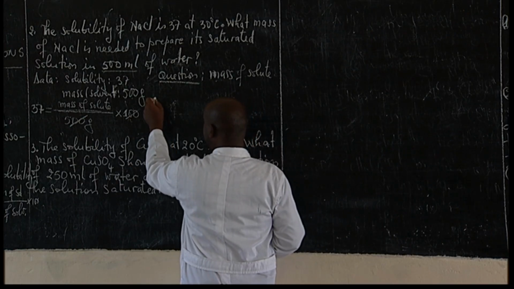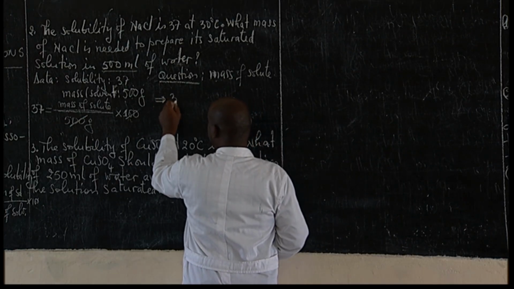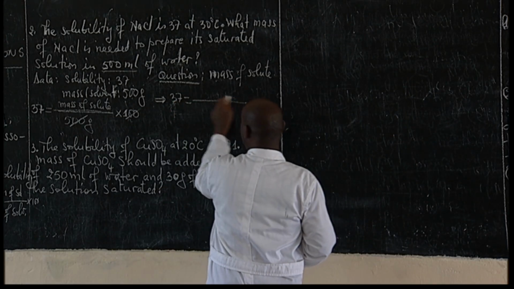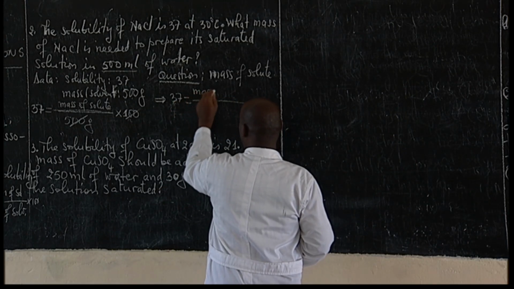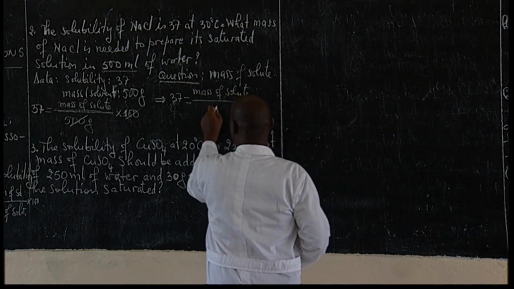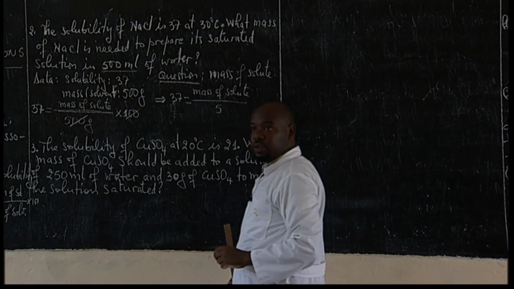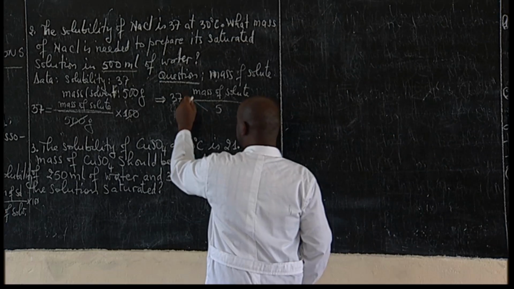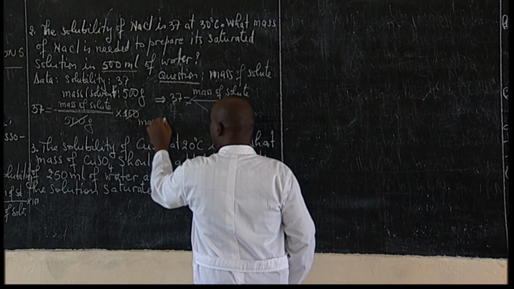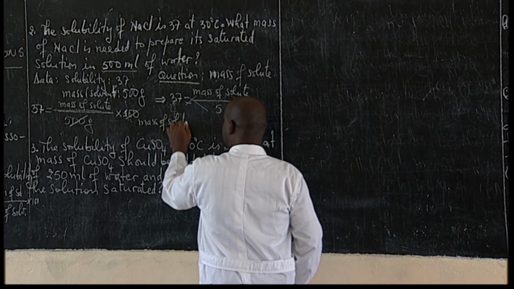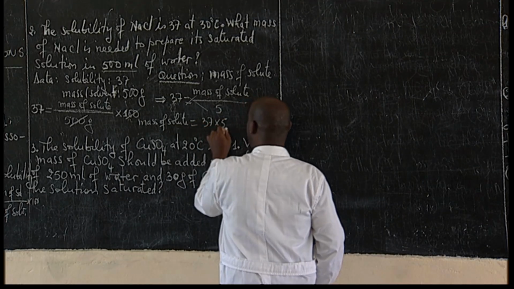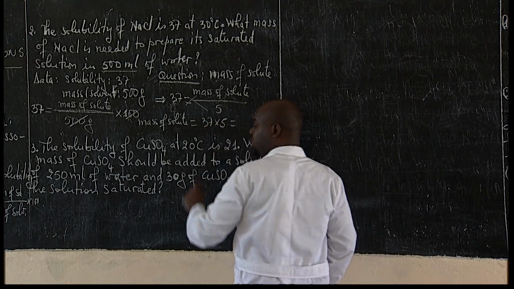So from there we have that 37 is equal to mass of solute over 5. If we use cross multiplication, we get mass of solute equal to 37 times 5. And what is the answer?